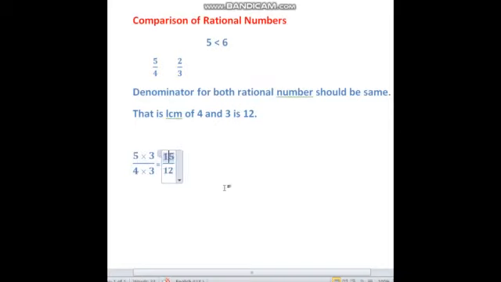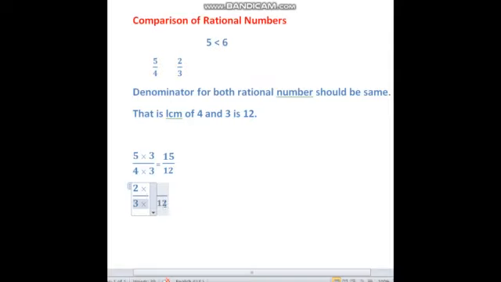Okay, so see now, the same thing we will do with the other rational number. Our other rational number was 2 upon 3. So now we multiply this 3 by 4. Why?